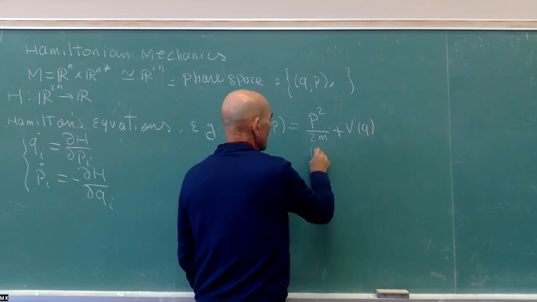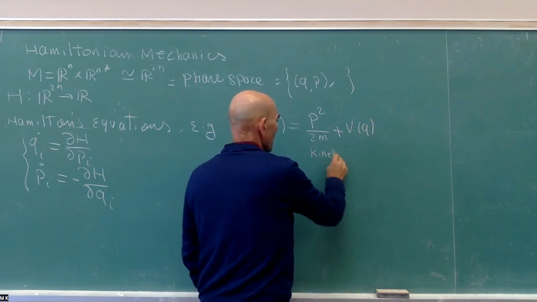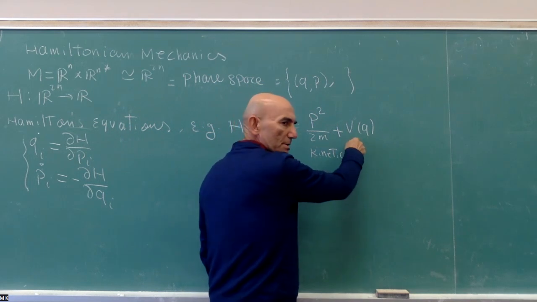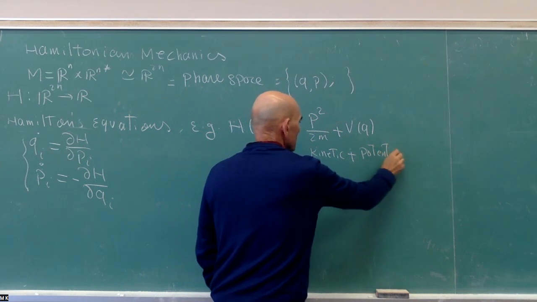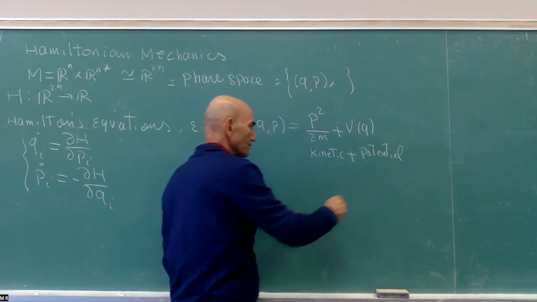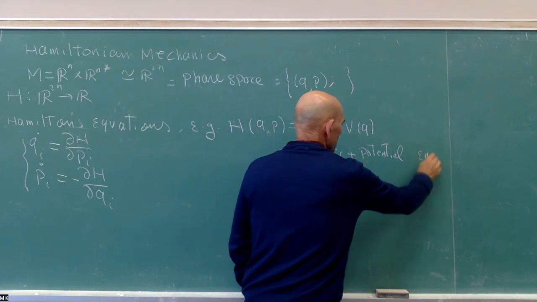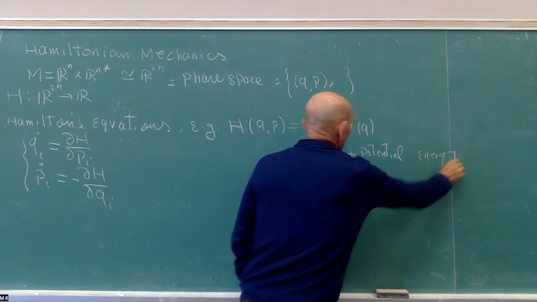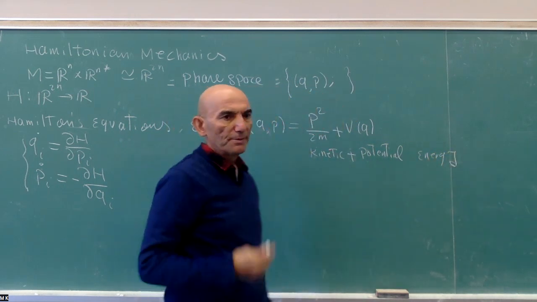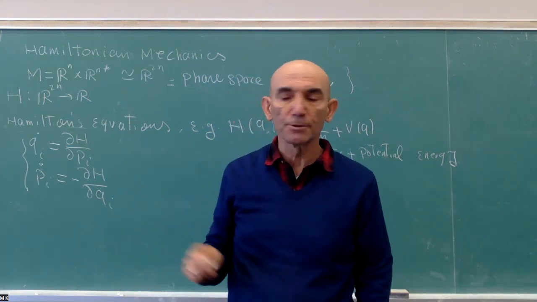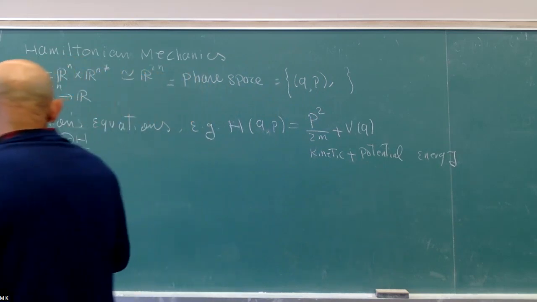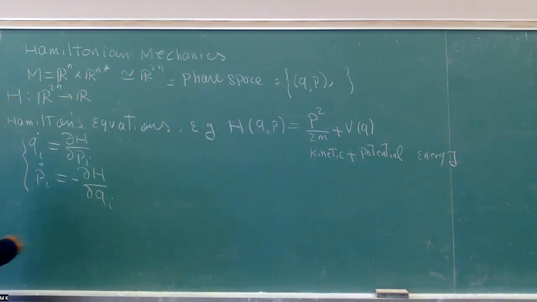So this is kinetic, and this is the potential energy. So the idea is that this Hamiltonian always represents the energy of the system for us as a function. Yeah, okay, so these are two first order equations.